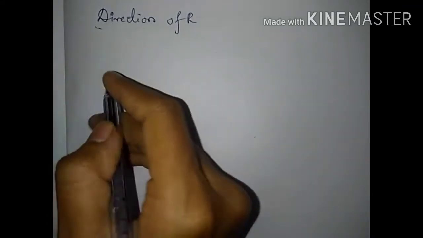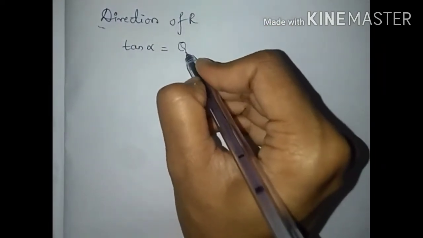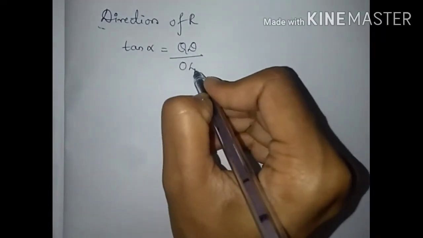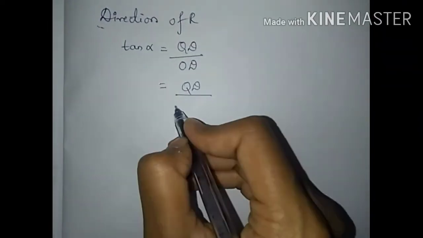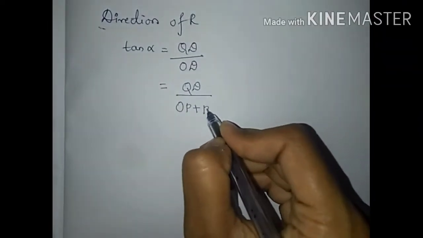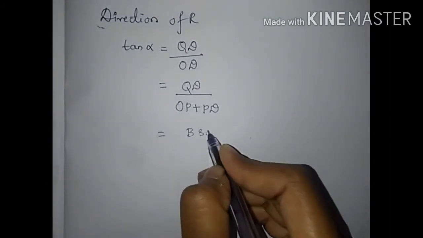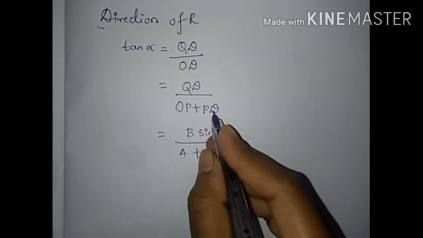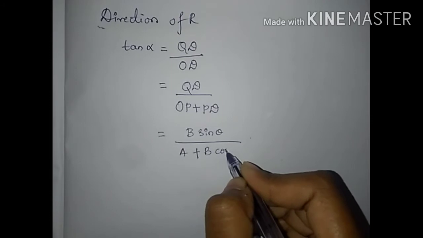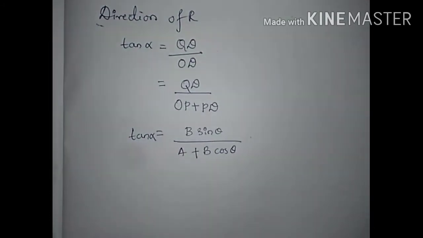So let me write. Tan alpha is equal to what? QD divided by OD. So QD is B sin theta, divided by OP plus PD, that is A plus B cos theta. So this is tan alpha.